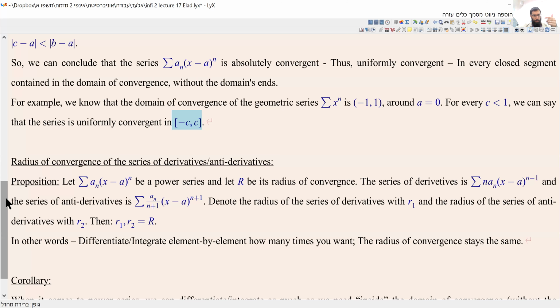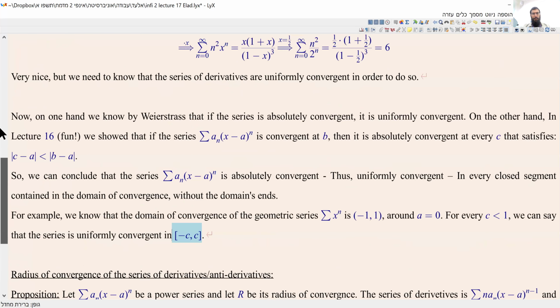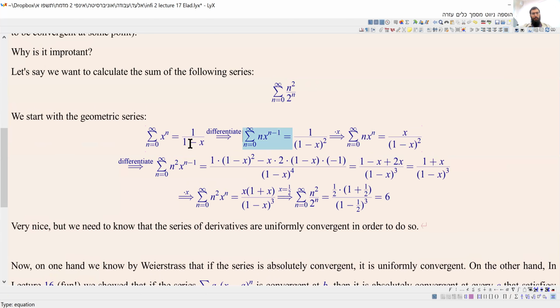And we can do it on and on, how many times we need. So we don't need to stop and prove that the new series is uniformly convergent. Generally speaking, for every power series, it is true.